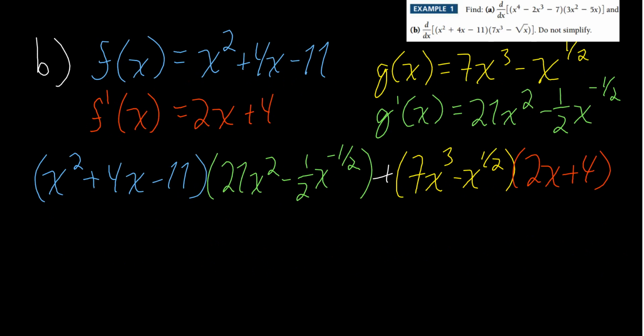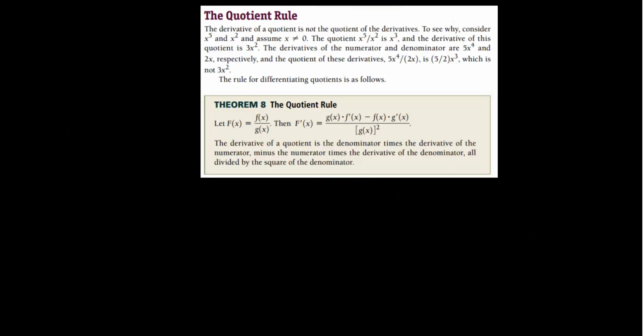All right. So with that said, let's have something for the quotient rule. Okay, so for the quotient rule, what we're going to do is go ahead and make this 20, make this white, and center it.